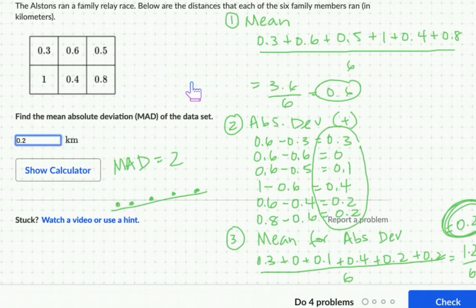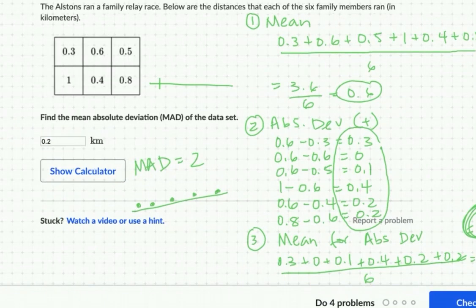This one, if we were to put them all on a line for all those numbers, they would be pretty clumped together, because these are all decimals here. So they would all be clumped very close together. Okay, so that's why that mean absolute deviation is super tiny.